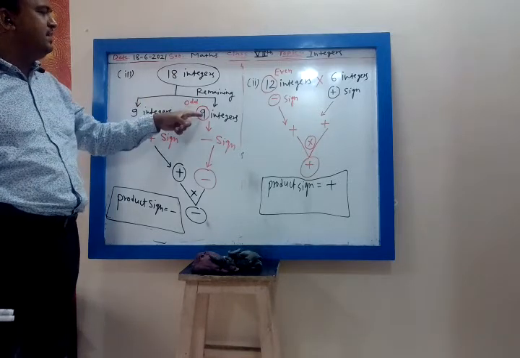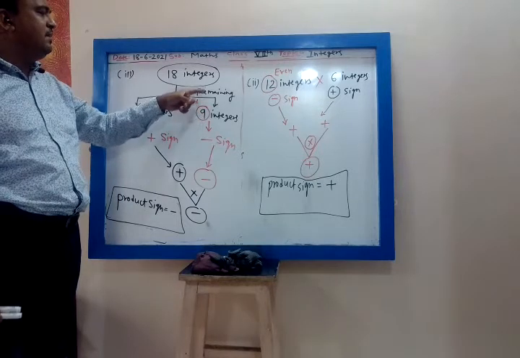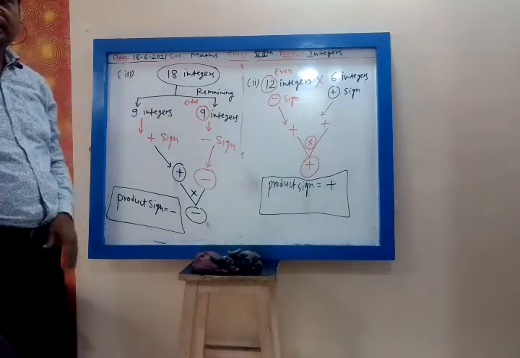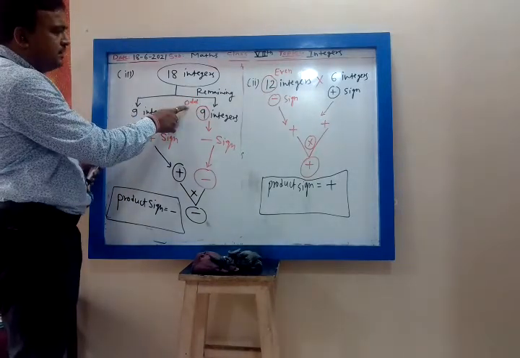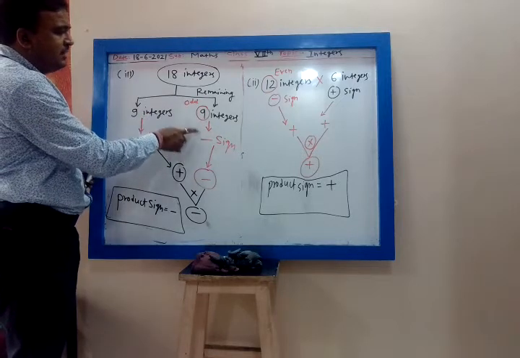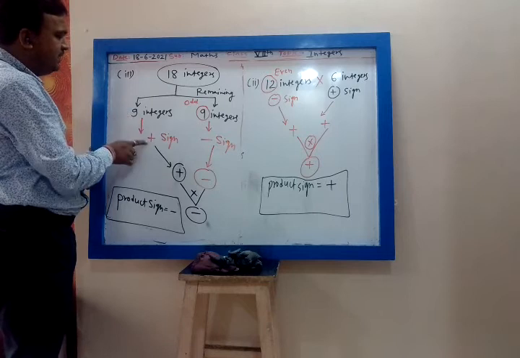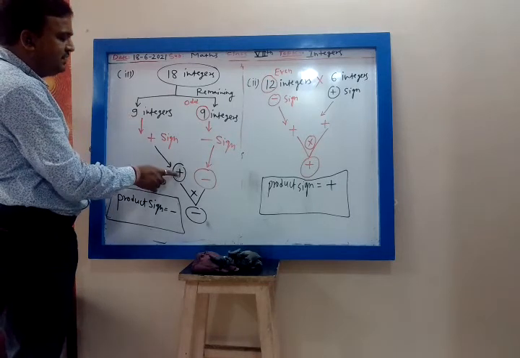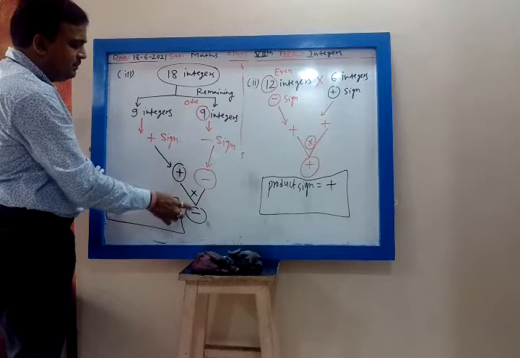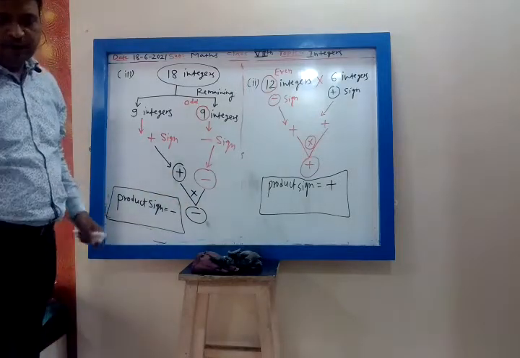What is left? 9. So 9 are remaining and these 9 are negative, and 9 is an odd number. So you are multiplying minus sign odd times, so it will be minus. You are multiplying plus sign 9 times, so it will be plus. So plus into minus will be minus.